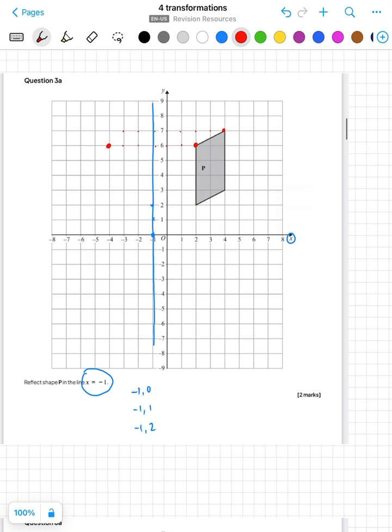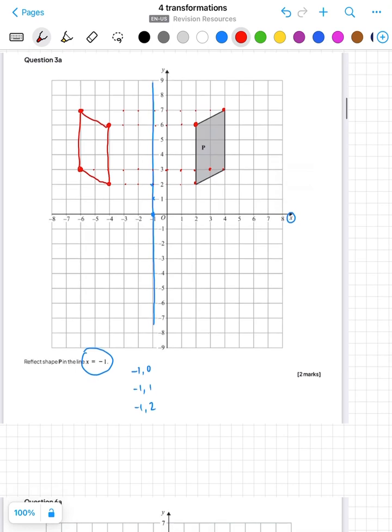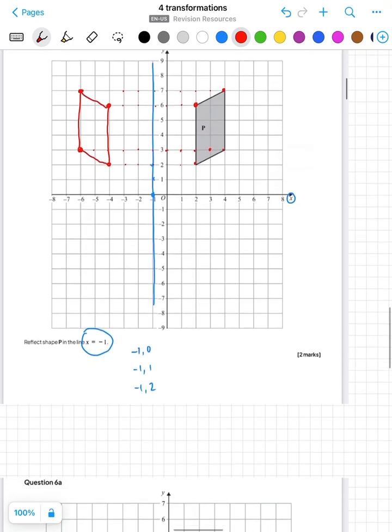Then 1, 2, 3, and 1, 2, 3, 4, 5. And join together. What you'll notice is with a reflection, they should be the mirror image of each other.